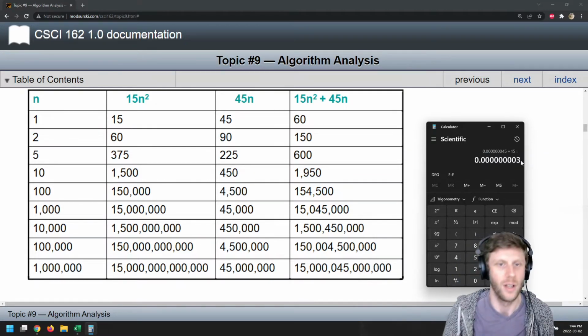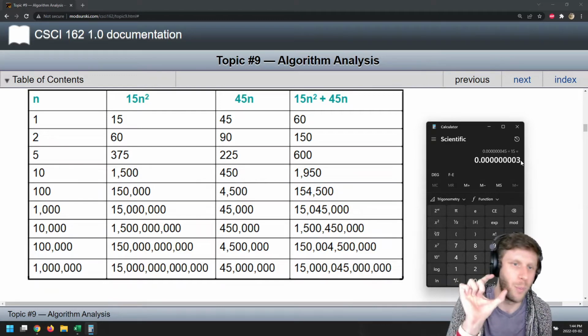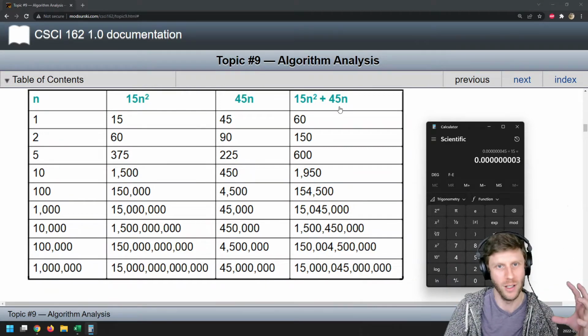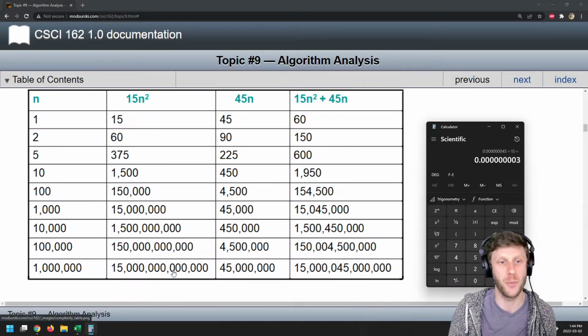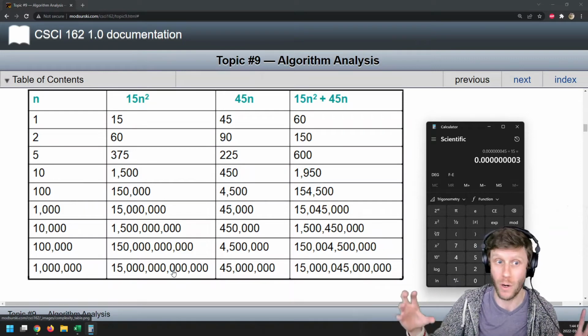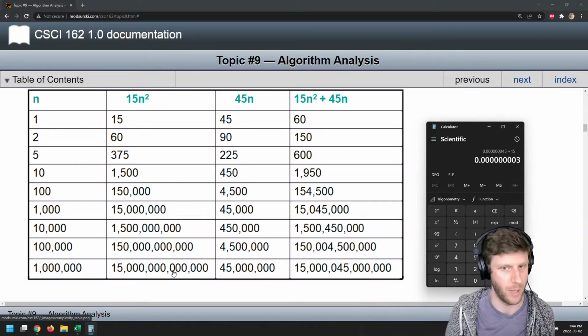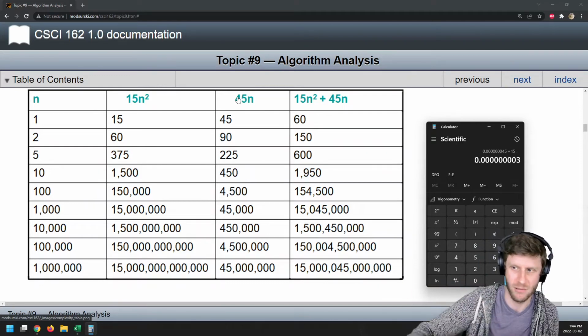0.00000000. What I'm showing you is the proportion of the total, the 15n squared plus 45n, that the n squared makes up so much more. And as n gets bigger and bigger, it takes up more and more of the total amount of work. The 45n starts to just fade out into nothingness.